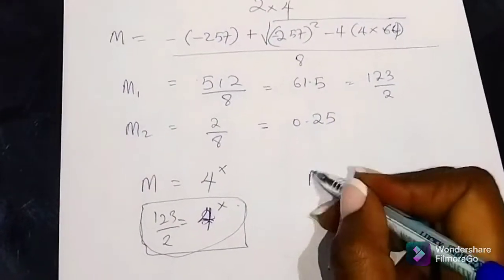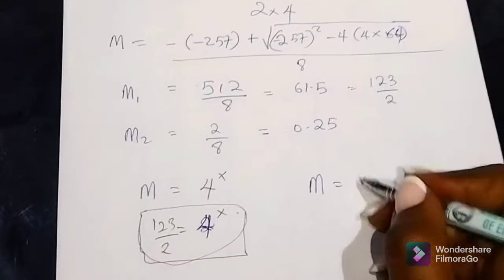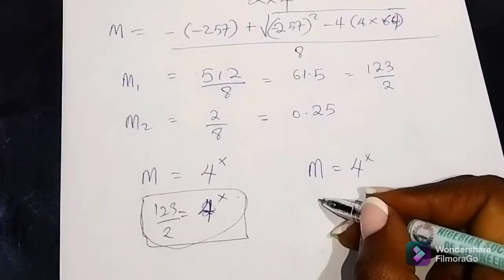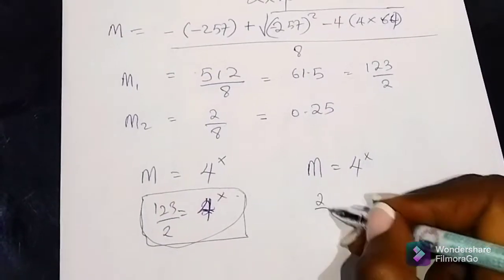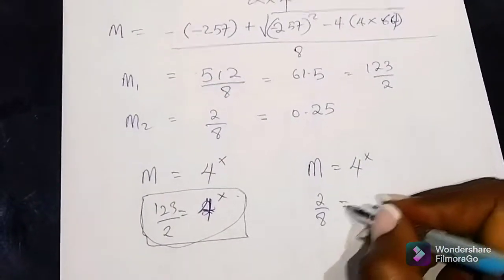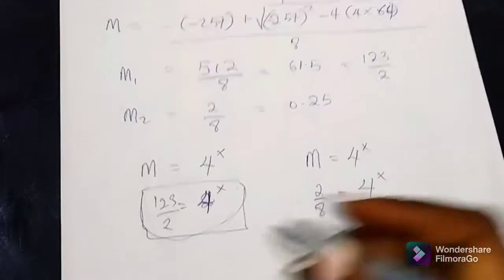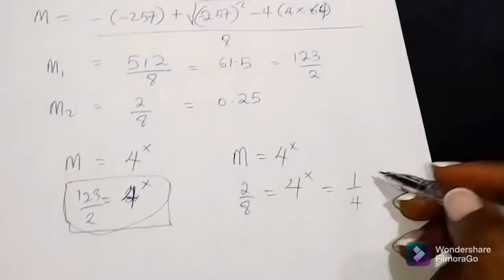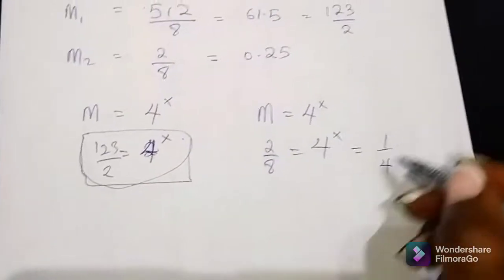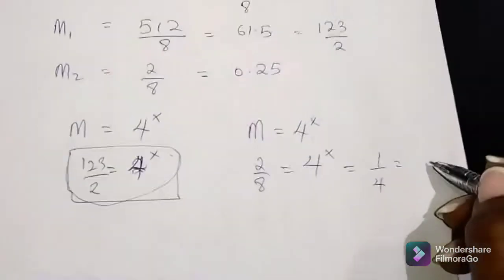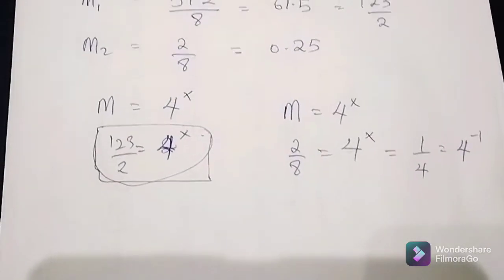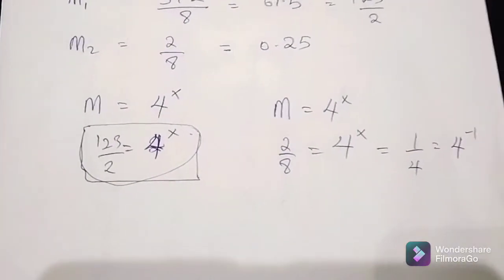So let's try out our second value. We'll try 2 over 8 equals 4 raised to the power x. We know that 2 over 8 is also 1 over 4, and 1 over 4 is the same thing as 4 raised to the power minus 1.